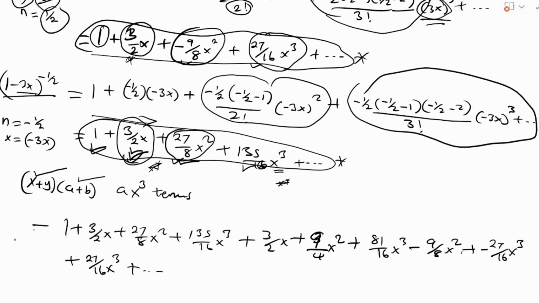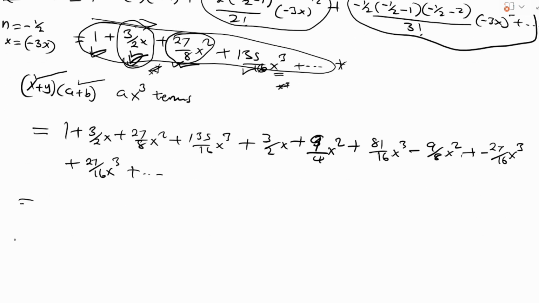Now we are going to collect all the like terms here. So collecting like terms, I shall have 1 plus 3 over 2x. Another like term here is plus 3 over 2x, and then we go to 27 over 8x squared plus 9 over 4x squared minus 9 over 8x squared.